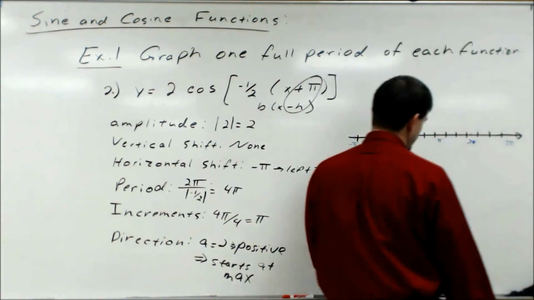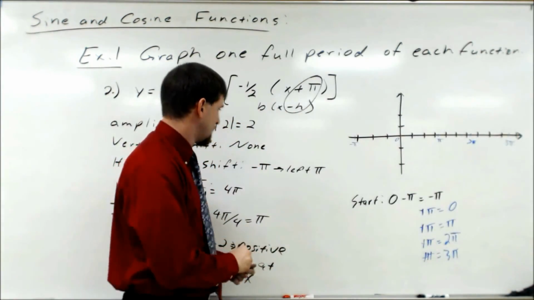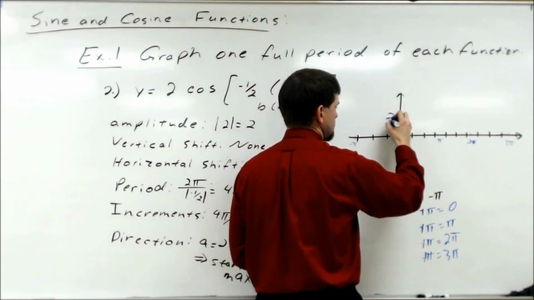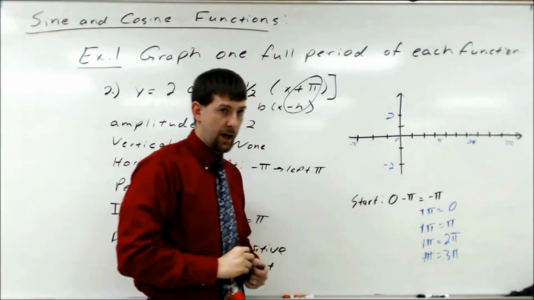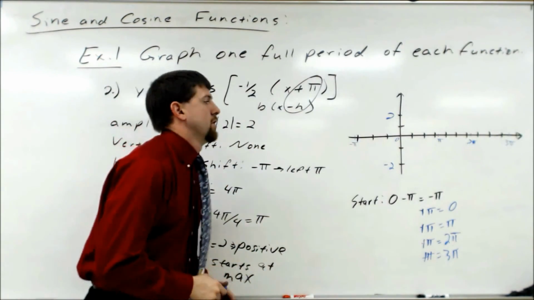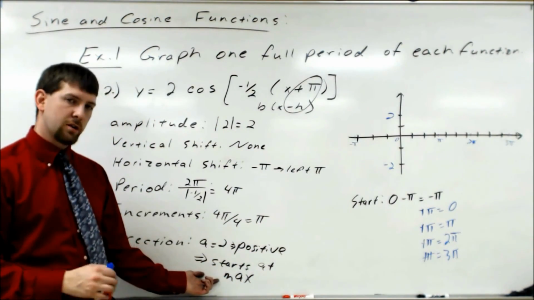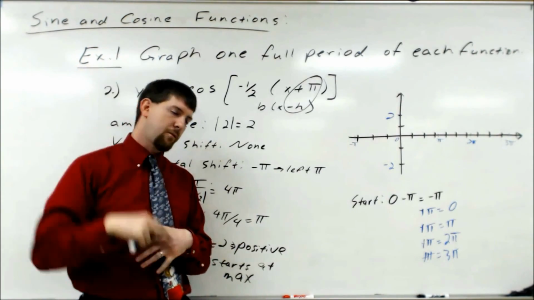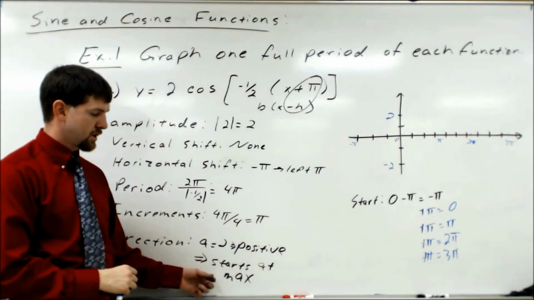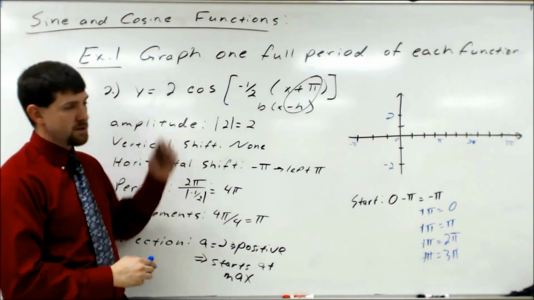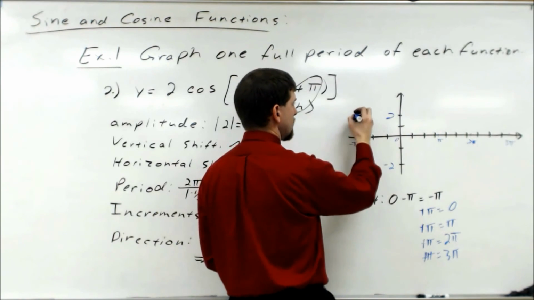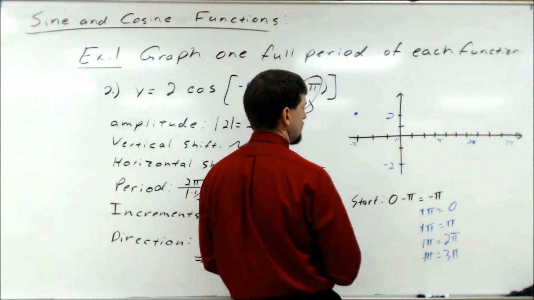Okay, so we've got these breakpoints. The amplitude was 2. We didn't shift it up or down at all, so it's just 2 and negative 2, and now we can put this graph together. Direction, remember for sine or cosine, we start at either the high point or the low point. Our direction told us to start at the max because A was positive. So at my leftmost value, I'm at my high point of 2.